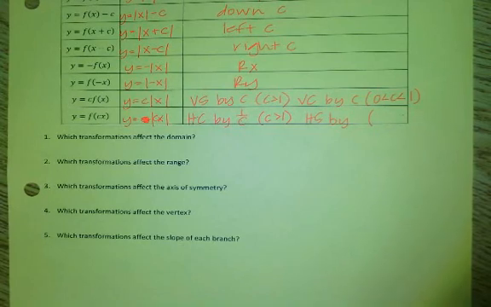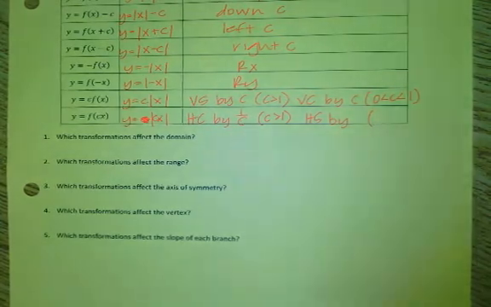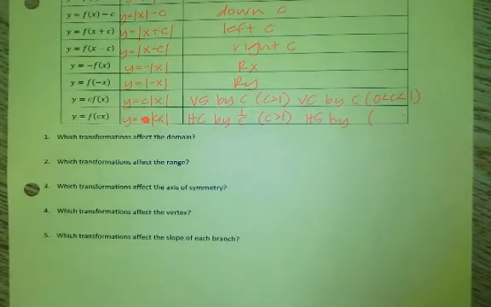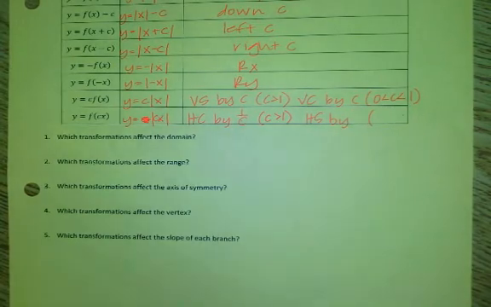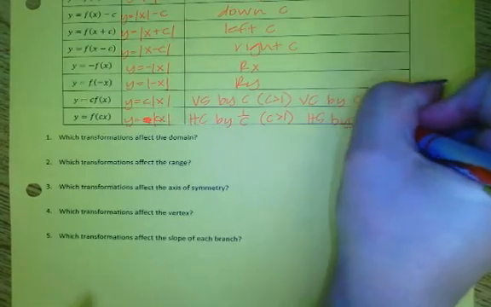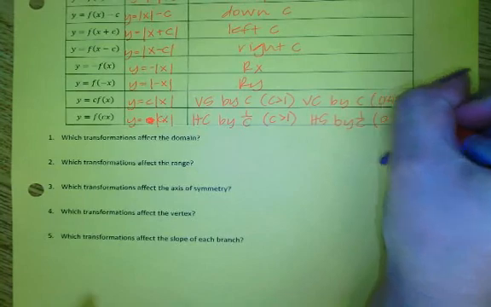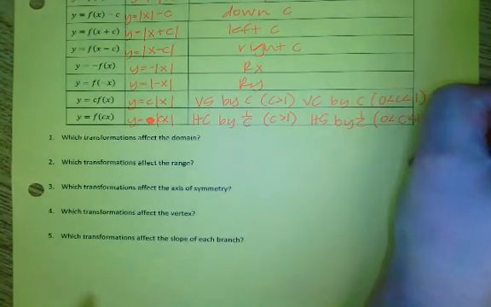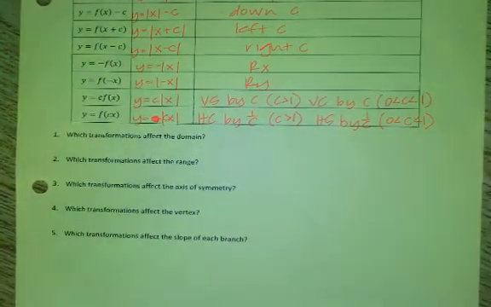What do you always do on the inside? If it's inside, what do you take? Oh my goodness, you guys, we just tested over this. The opposite. So it's still 1 over c, no matter what the value is. So even if you have a fraction, you still take the reciprocal, which is the same thing, 1 over c.